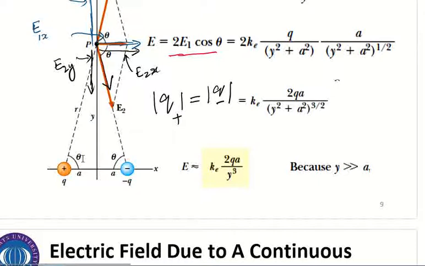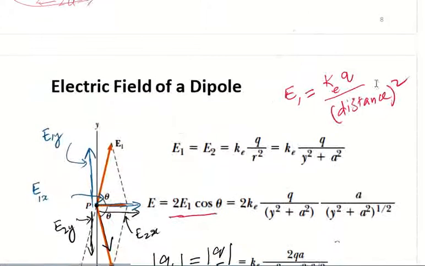So where I have written distance, let me elaborate. The distance is equal to r, and r is basically, by Pythagoras theorem, the square root of y square plus a square, and we just put it back into the formula here.